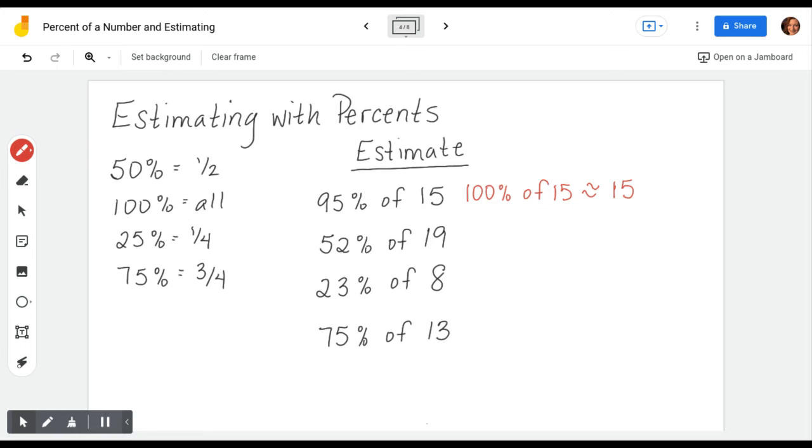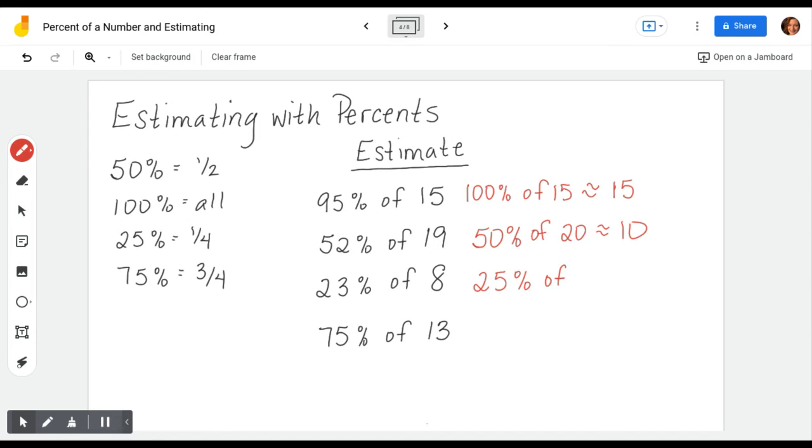52%, well, that's about 50%. And you can leave that as 19, or since I'm estimating, I could even say that's about 50% of 20. So that's about 10. Again, it's not going to be perfect. It's just getting an estimate. 23% of 8, I could say that's about 25%.